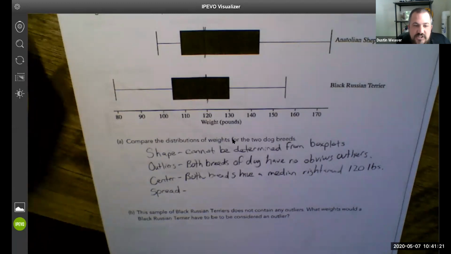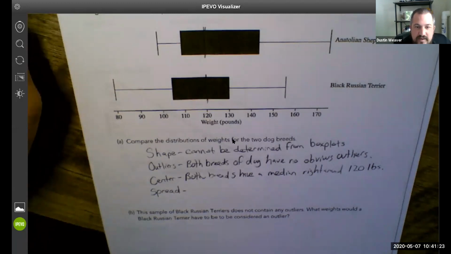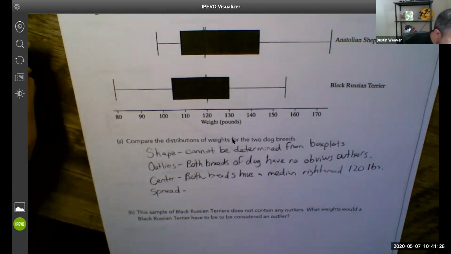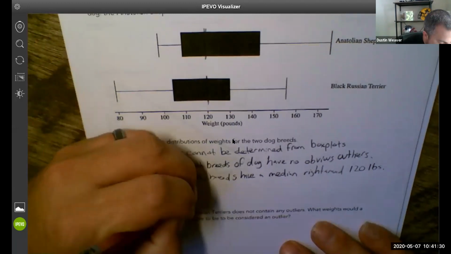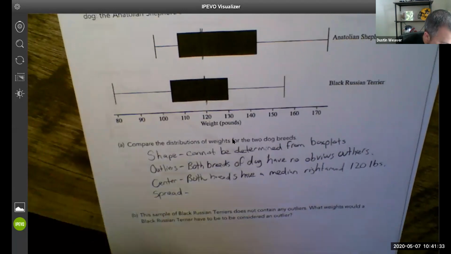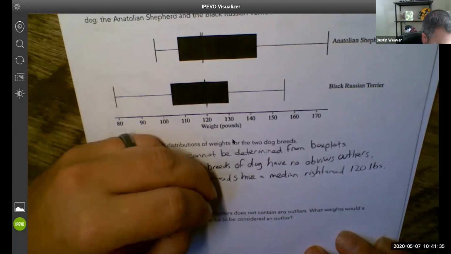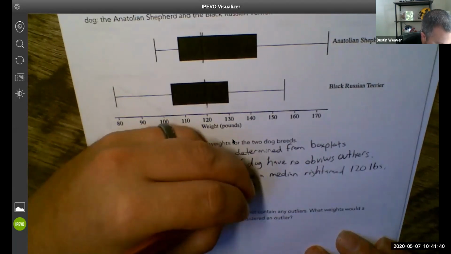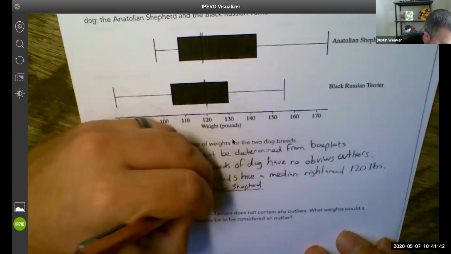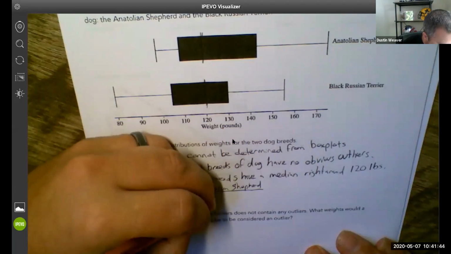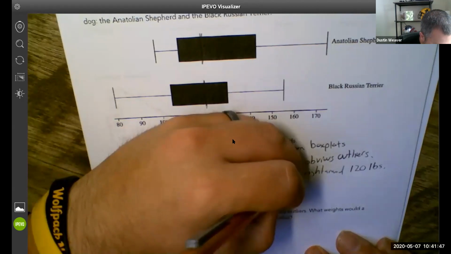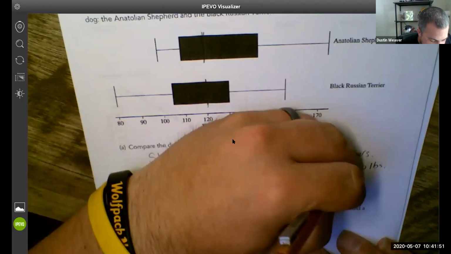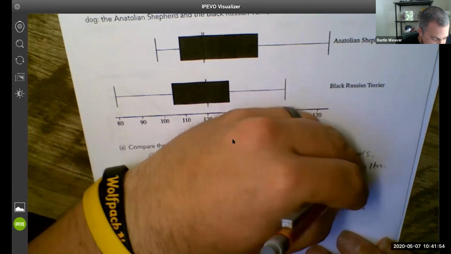And lastly is the spread. Let's talk about the spread. First of all, let's just do the 2 things. Let's say Anatolian Shepherd. What is the range of the Anatolian Shepherd?